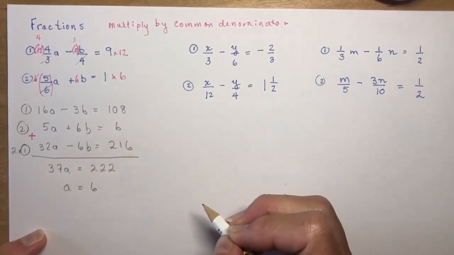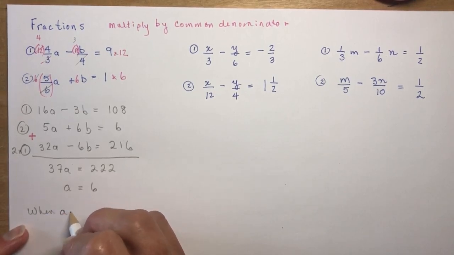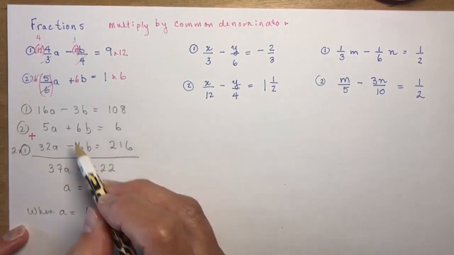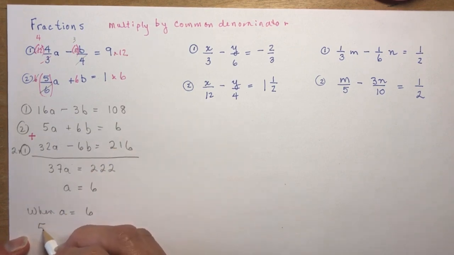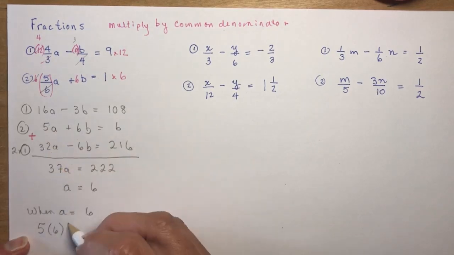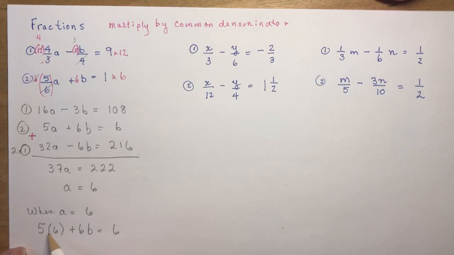So a equals 6. Now I'm going to find b. So when a equals 6, let's use this one. It's pretty easy, right? So 5 times 6, I'm plugging in the 6 here for the a, plus 6b is equal to 6. So that's 30. 6b equals 6 minus 30.